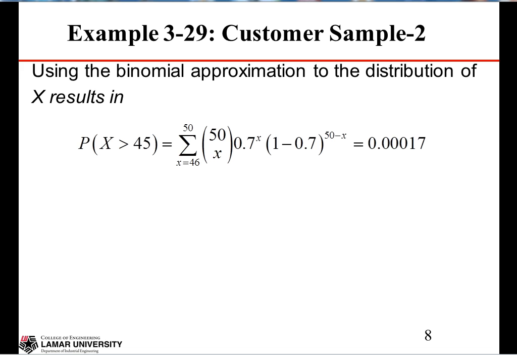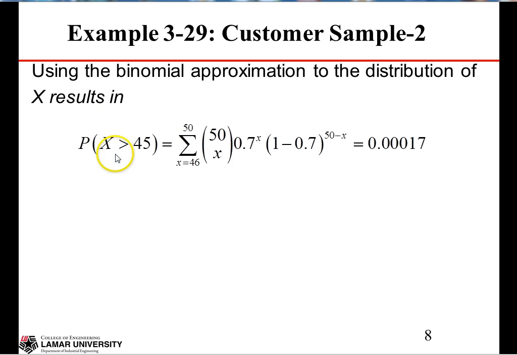And what's good about binomial is that for the binomial distribution, a lot of software, or even a statistical table, will provide you with the cumulative distribution function, so you will be able to easily calculate probabilities that involve greater or smaller than certain numbers.